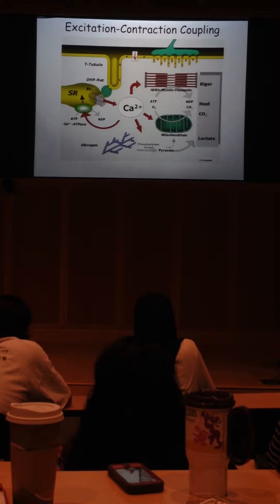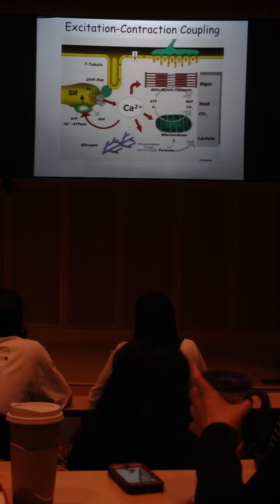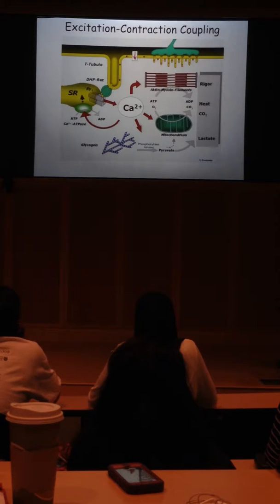Now, the thing I want to point out is that one thing you're always going to create, because of all this activity, is heat. This heat is not because of hydrolysis of ATP only for the myosin cross-bridge cycle, it's also because of the pump.